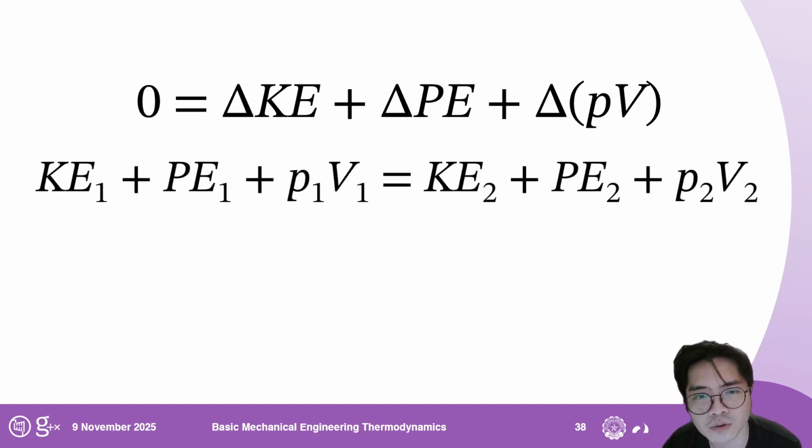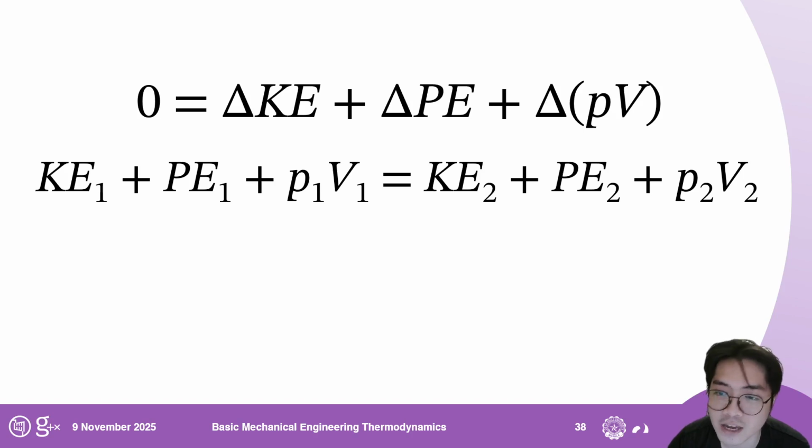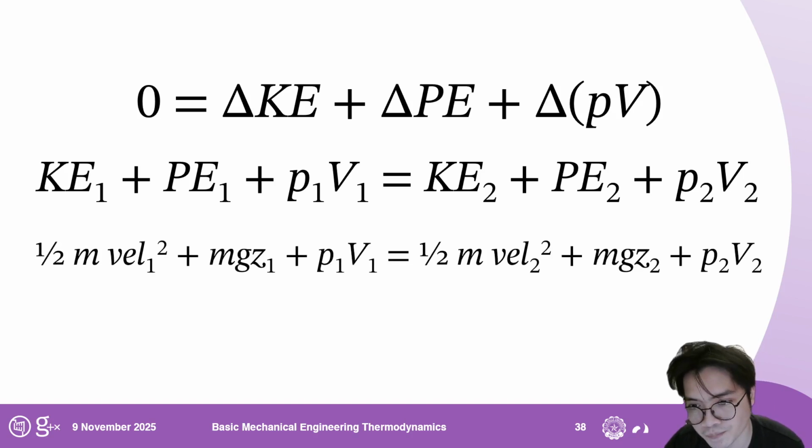And now, let's just say what we already know about KE. KE is defined as 1/2 mass times velocity squared. And then PE is just mgh, or in this case, elevation is now denoted as the letter Z. So, something like this. Now, what we will do, the final magic phrase, is to divide everything by volume.